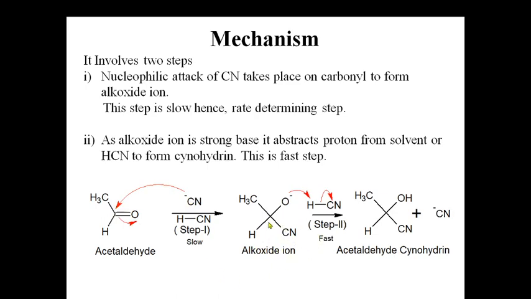And this alkoxide ion further abstracts the proton from the solvent or from the HCN to form the corresponding cyanohydrin, as we are taking the acetaldehyde. So here the final product is acetaldehyde cyanohydrin. So the first step is the slow step, and hence we can say it's the rate determining step.